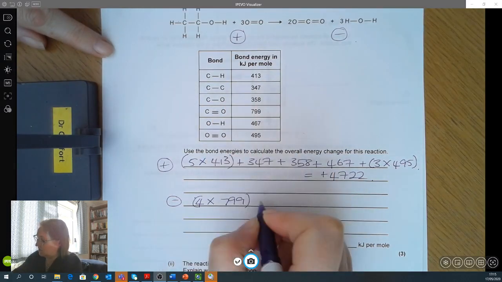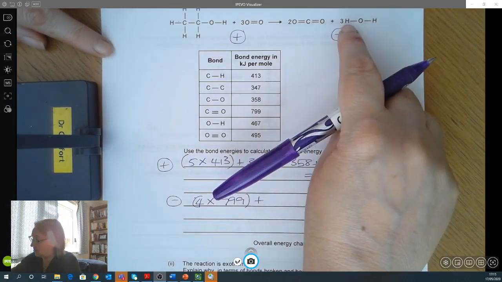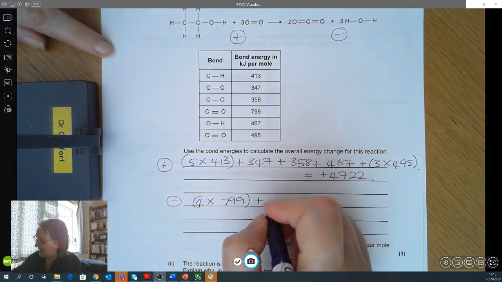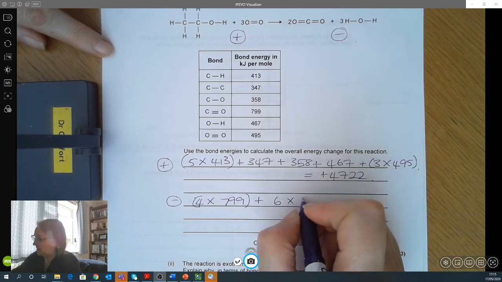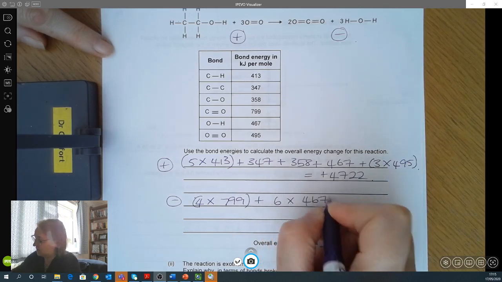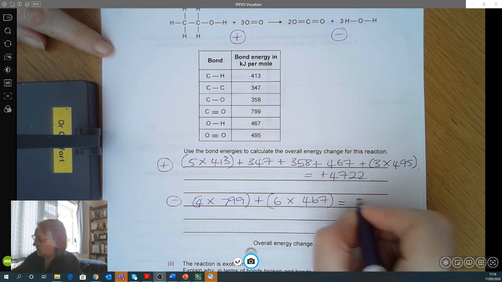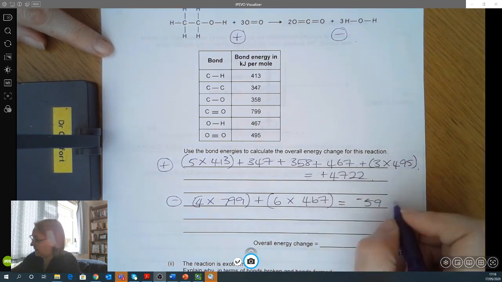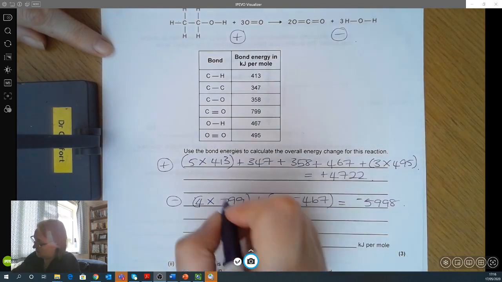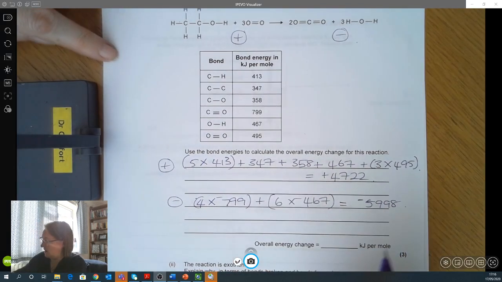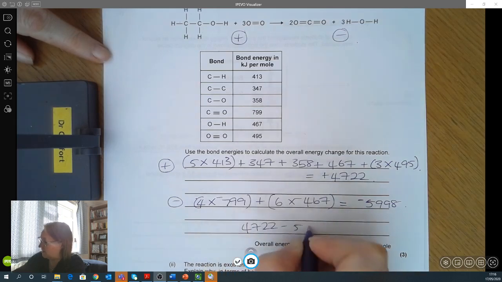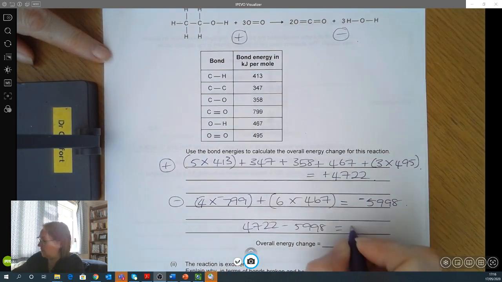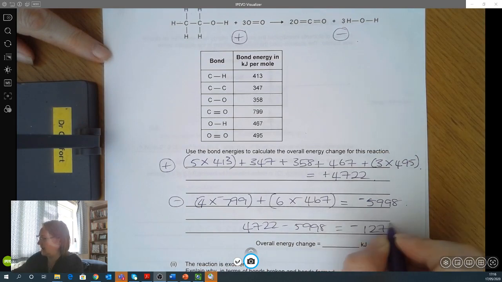I have got 3 of these, so I've got 6 O-H's, so 6, 7... together makes 5998. So therefore, 4722 take away 5998 is minus 1276.